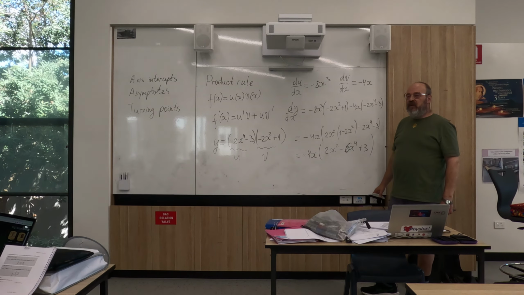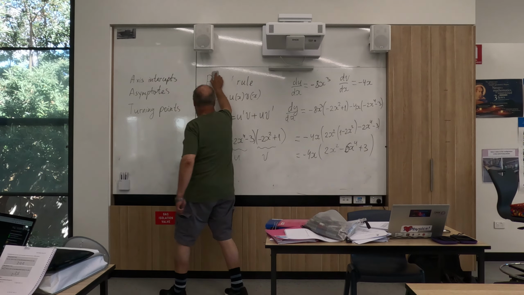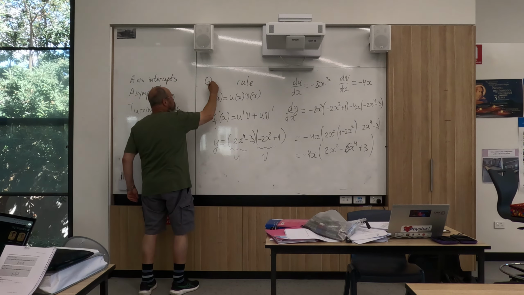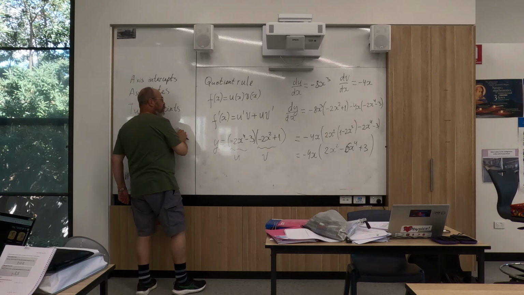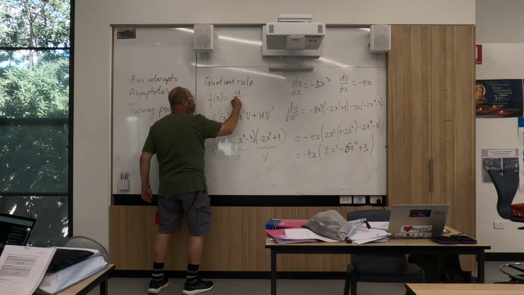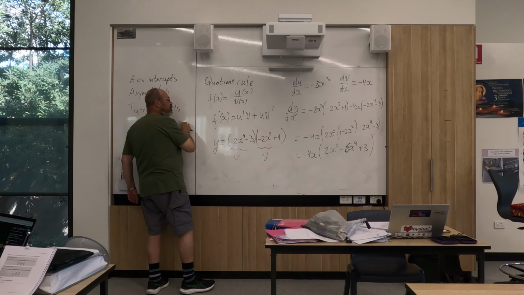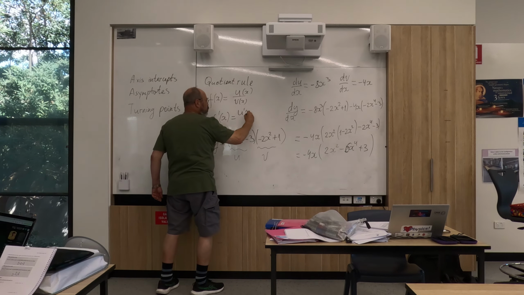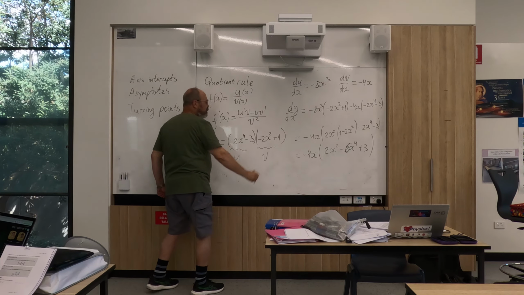Another rule that we will look at today is the quotient rule. From the name, it is when we have one function divided by another. So if we have f of x equal to u of x divided by v of x, then the derivative will be equal to u dash v minus u v dash, divided by v squared.